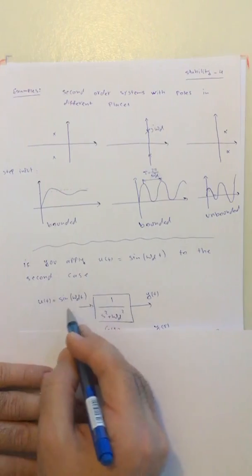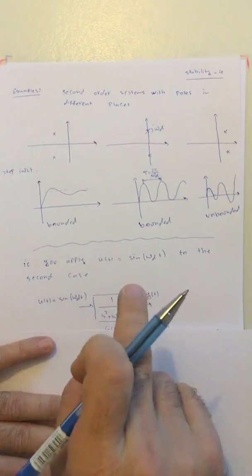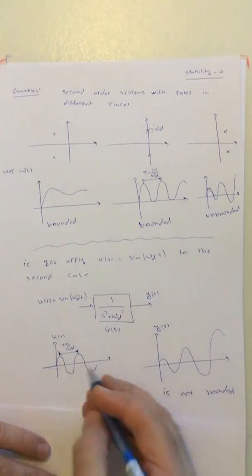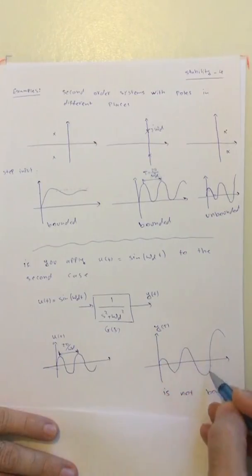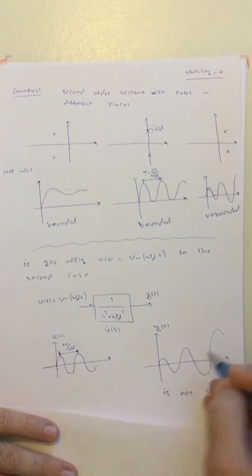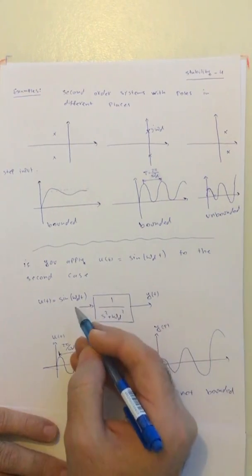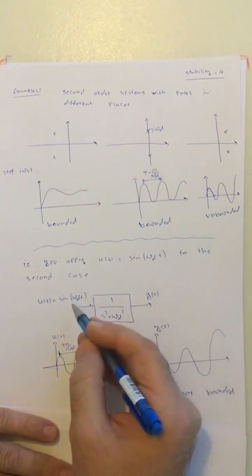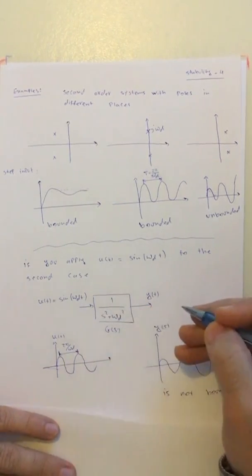So the input is a sine signal, it is bounded, and if we plot the output, the interesting thing is that the output will not remain bounded, it will explode. So we could find an input which is bounded, but the output is not bounded, which means that this system is not stable.